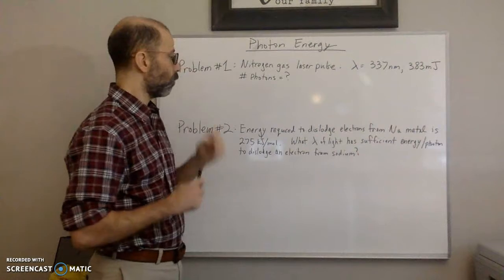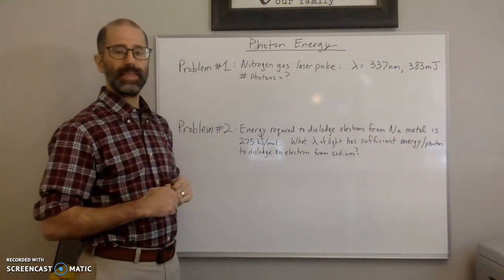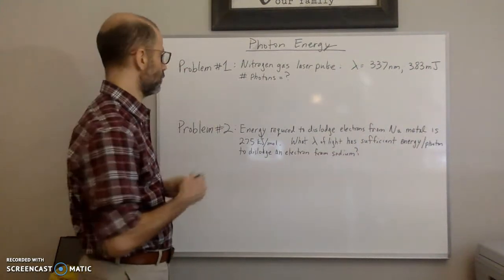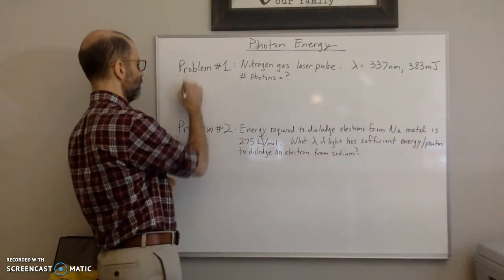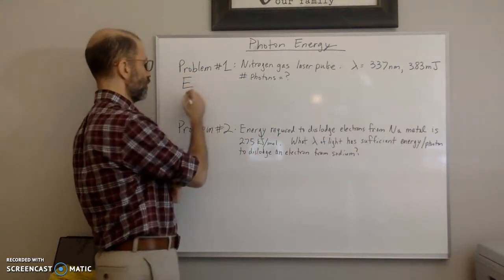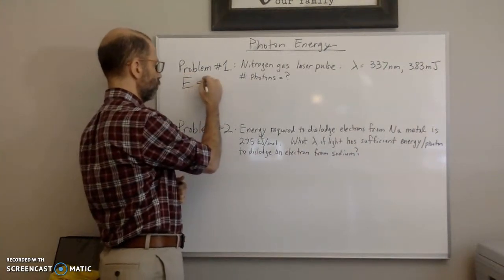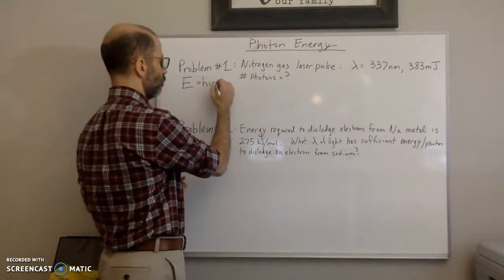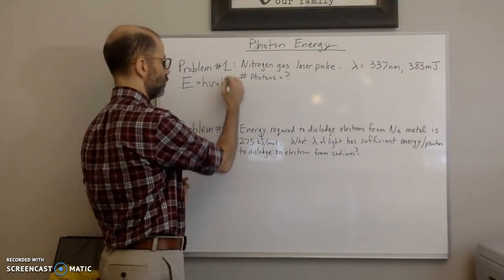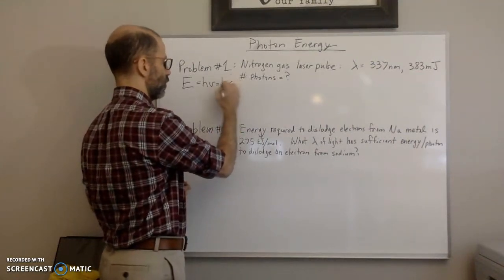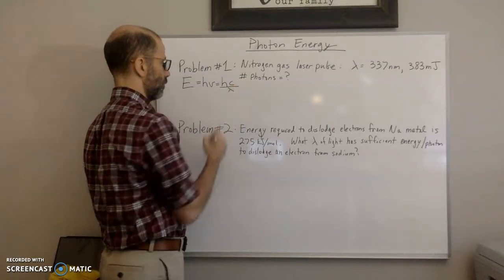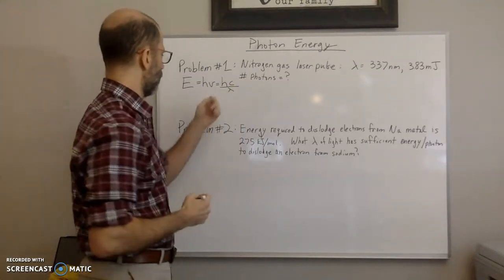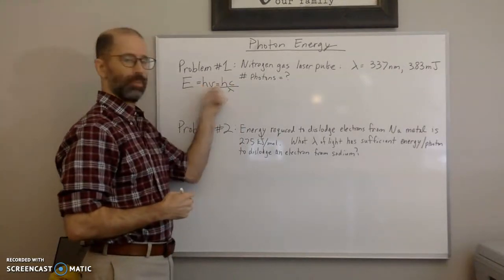Okay, so the one thing I want to stress is that the equation we're going to use, which is the energy is equal to h nu, which is equal to hc over lambda. And remember, h is Planck's constant.